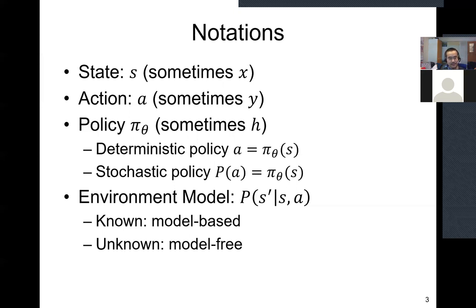If it's unknown, then it's model-free. What you have learned up to now, Q-learning, actor-critic, policy gradient, are all model-free. The reason is that models are hard to obtain, especially for complex environments.